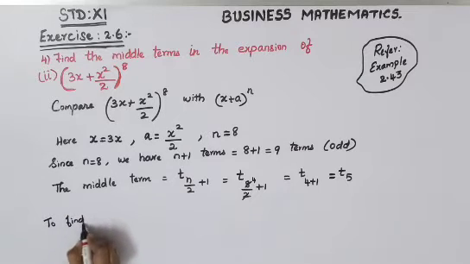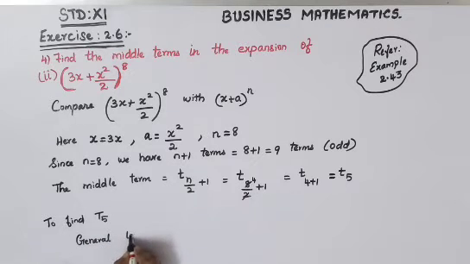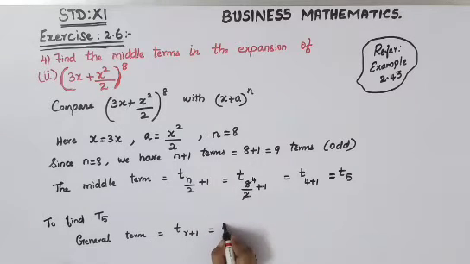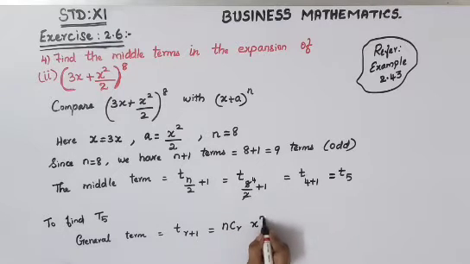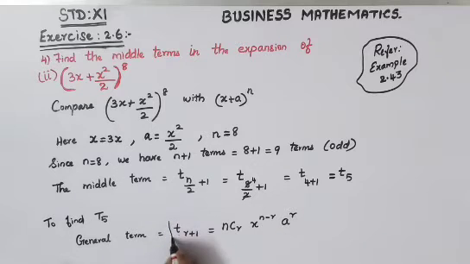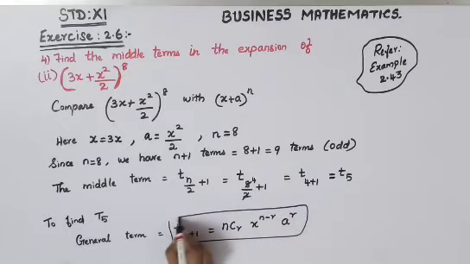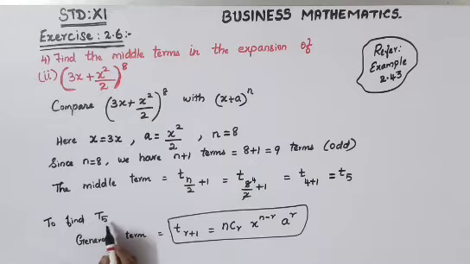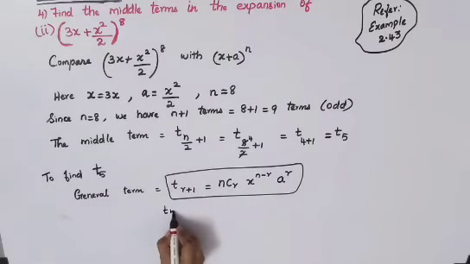So to find T5, your general term formula is T(r plus 1) is equal to nCr x power (n minus r) into a power r. So you'll have to substitute in this formula. Now what we need is T5.